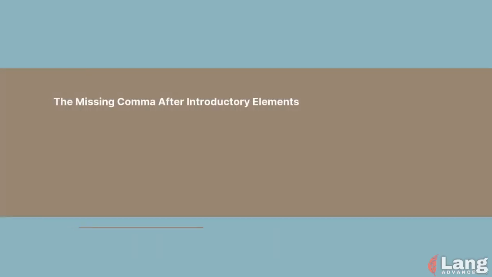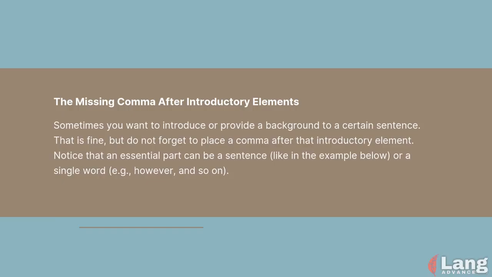The missing comma after introductory elements. Sometimes you want to introduce or provide background to a certain sentence. That is fine, but do not forget to place a comma after the introductory element. Notice that an introductory element can be a sentence, like in the example below, or a single word, for example, however, and so on.